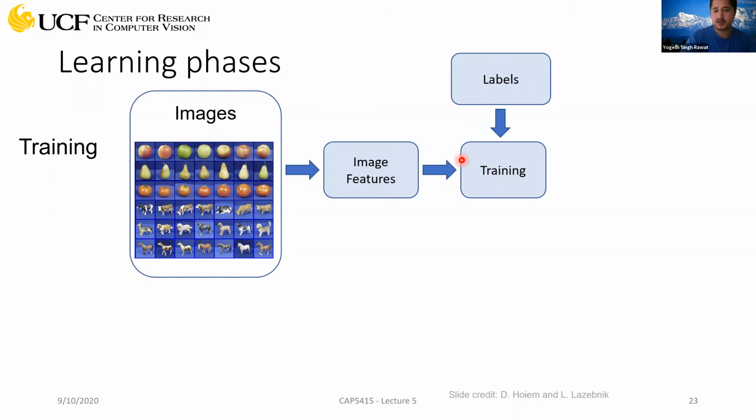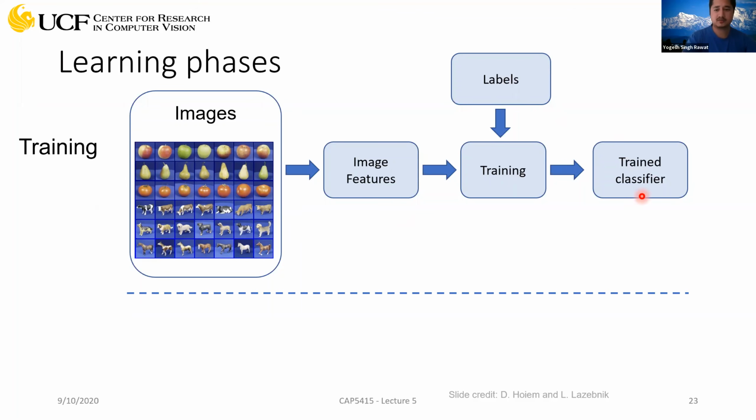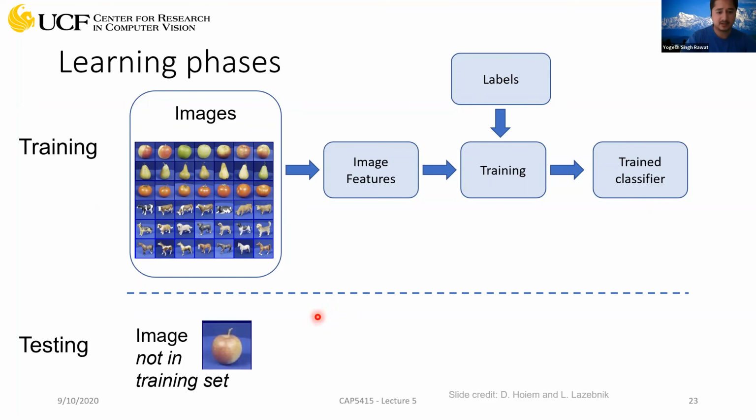And to train such a system, we will need some labels. So right now we're just focusing on classification, and we are talking about supervised settings. For that, we need labels. Okay. And once we complete all these three steps, we'll have the trained classifier, which we can actually use during our test time. So during testing, you will have some images which you have not seen during training.